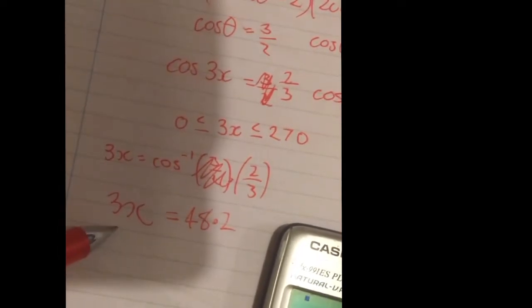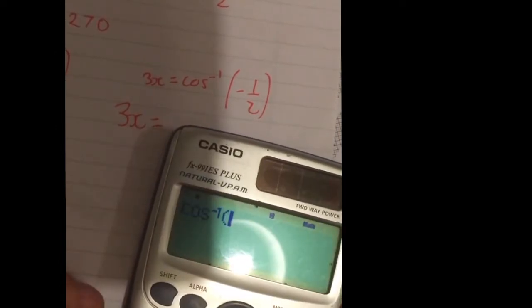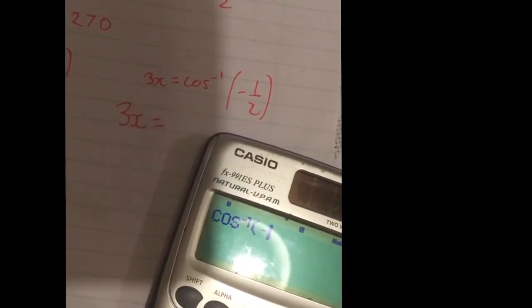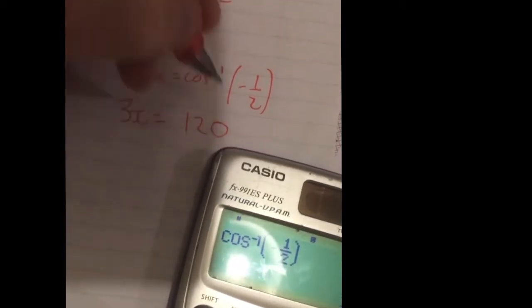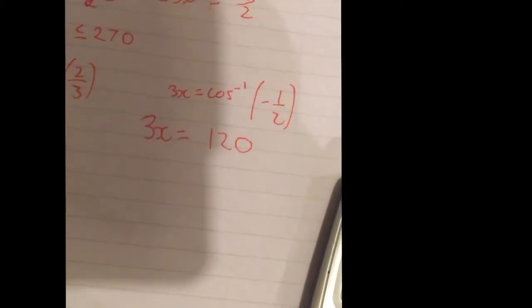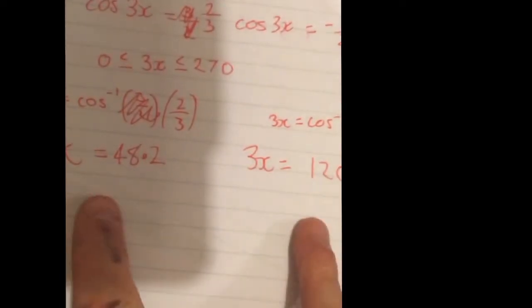Remember, that's our 3x value, not x. And same over here, 3x equals inverse cos of minus a half, which gives us 120 degrees. So these are our two principal values.